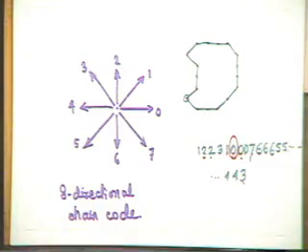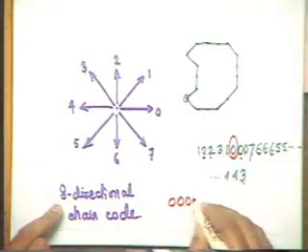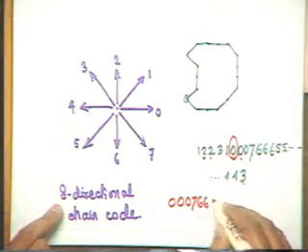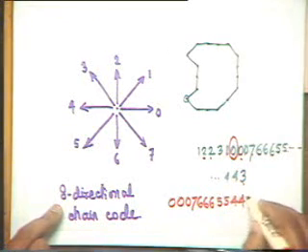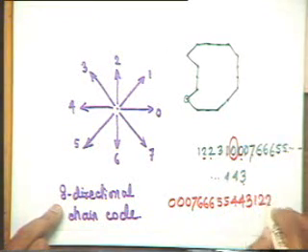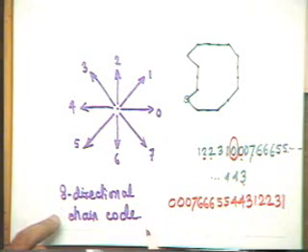So obviously 0, 0, 0, 7 onwards becomes the minimum integer, and not the 0, 0, 7 or 0, 7 starting integers. So the minimum integer which we get is 0, 0, 0, 7, 6, 6, 6, 5, 5, 4, 4, 3, 1, 2, 2, 3, 1. This is the minimum integer we get.